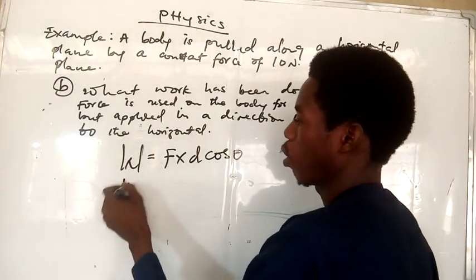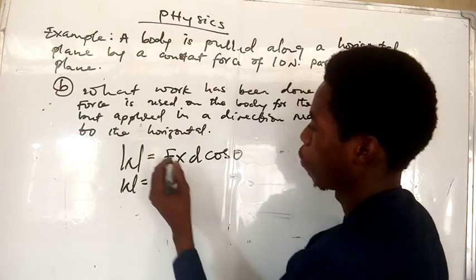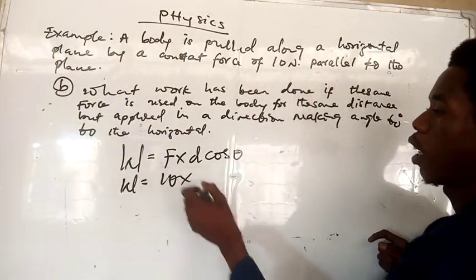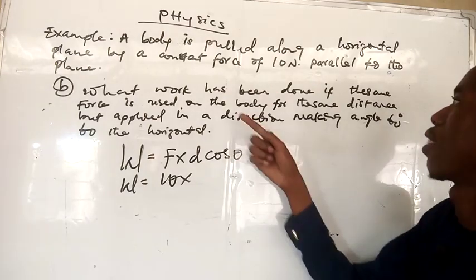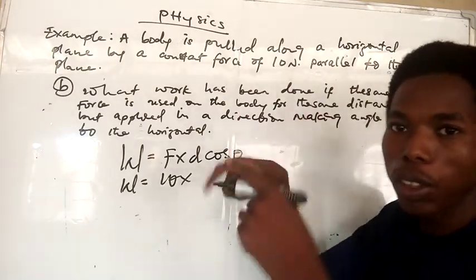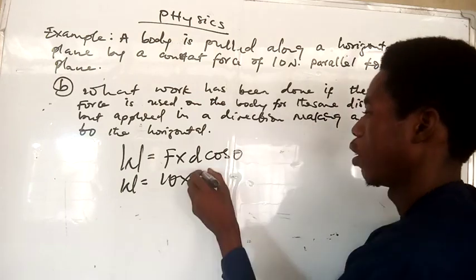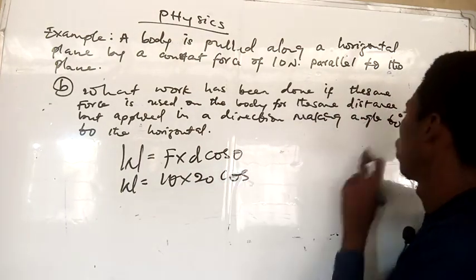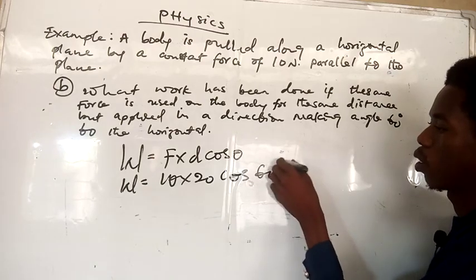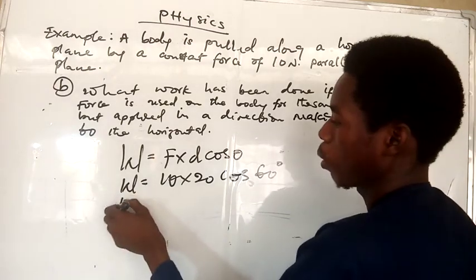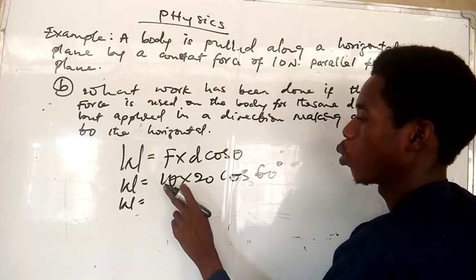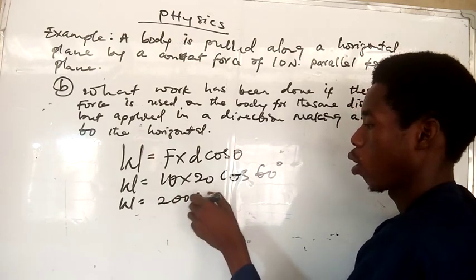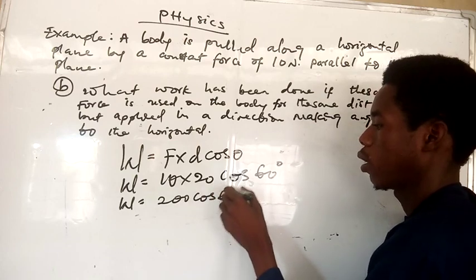So work now equals to value na force shine the same force aka ce 10 Newton times the same distance na 20 meter na wancan question din A part din kenan 20, then kuma cos 60 degree. So kamar yadda muka buga a wancan, which is equals to 10 times 20 is 200 cos 60 degree.